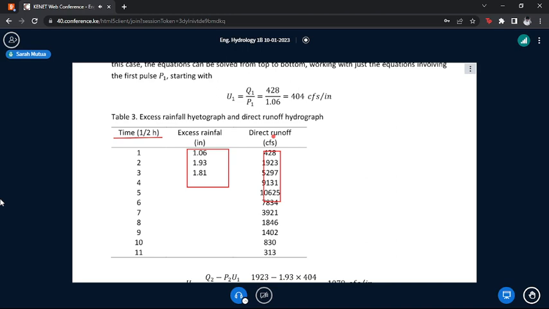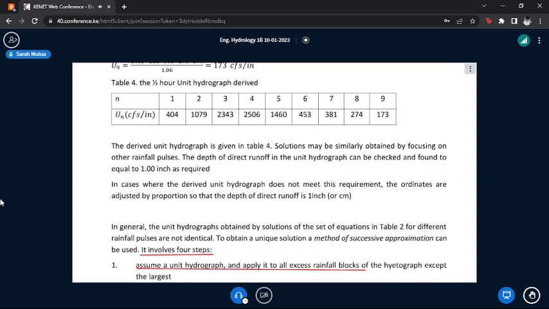You can derive the 1-hour unit hydrograph from this. You can derive a 2-hour unit hydrograph from this, but it is very important. When you are given a unit hydrograph, you have to know it is for what time step, because if you have your direct runoff in different time steps, then you have to make the unit hydrograph have a similar time step as the measured discharge.